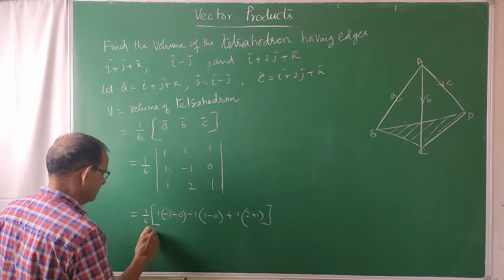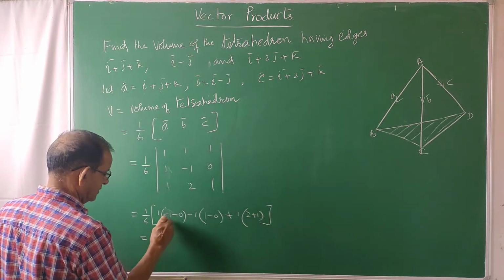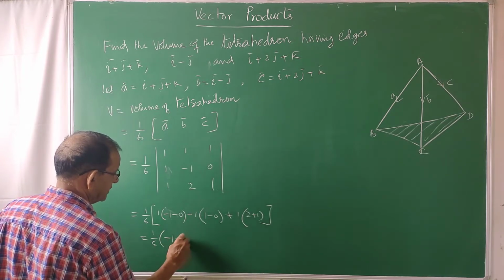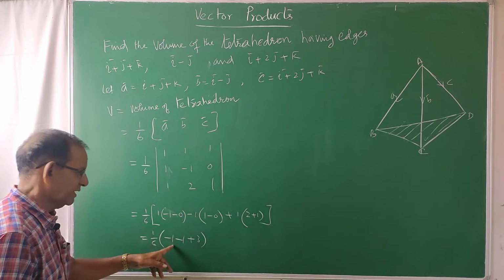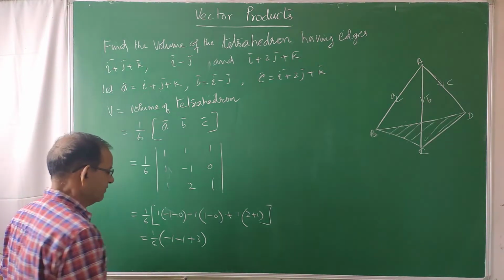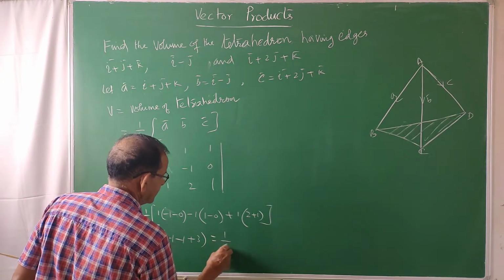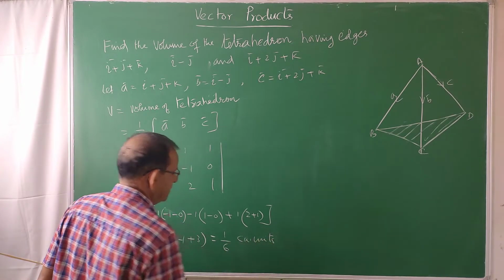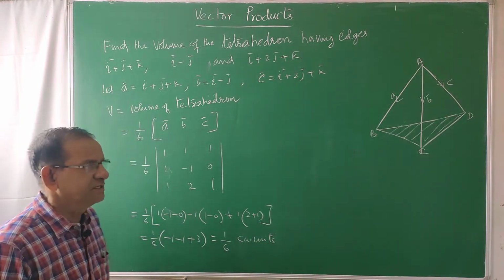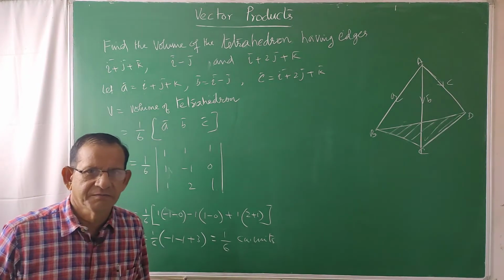So this is 1 by 6 into, this is minus 1, this is also minus 1, but the last one is plus 3. So 3 minus 2, that is 1 by 6. Because it is volume, we have to write the units as cubic units. 1 by 6 cubic units is the volume of the tetrahedron.